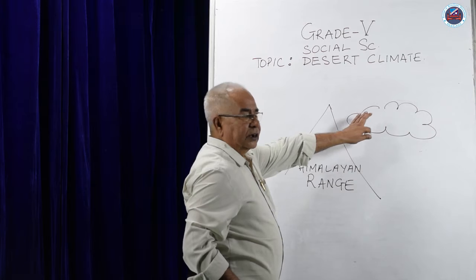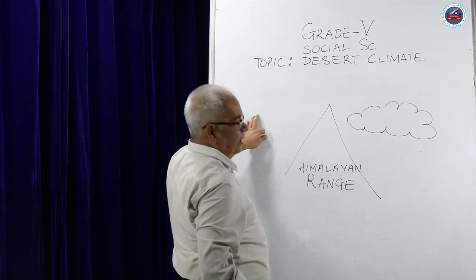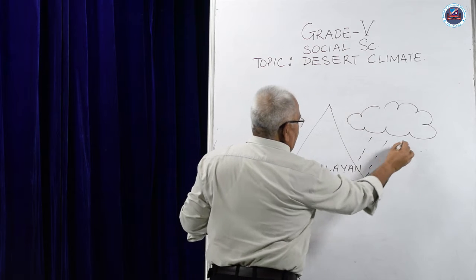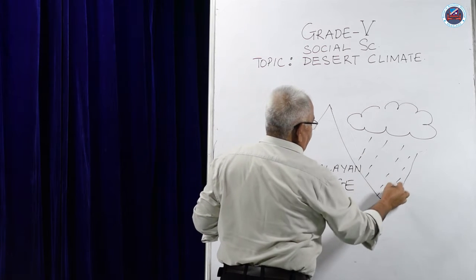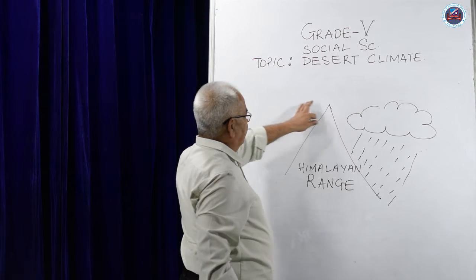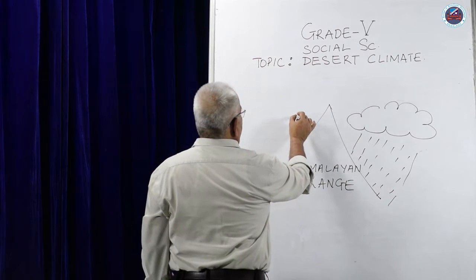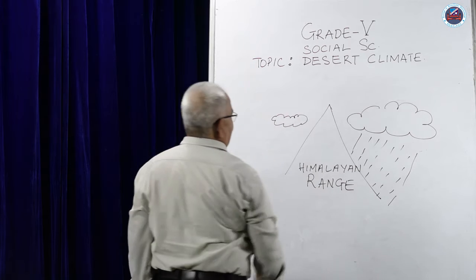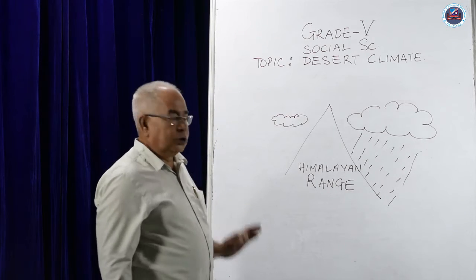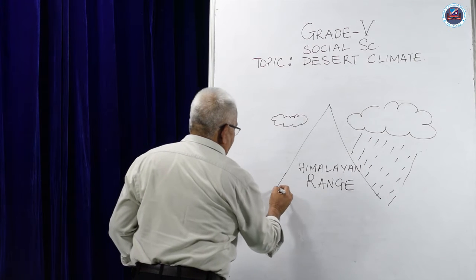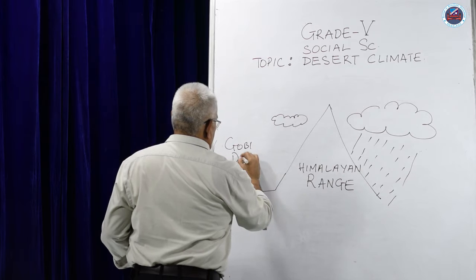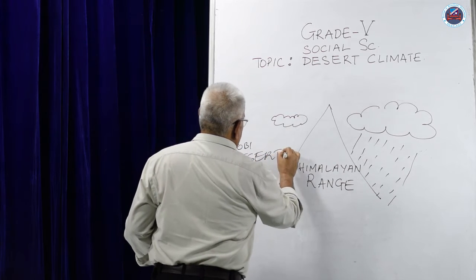Now what happens is, the cloud cannot go on the other side of the mountain, and so it sheds all its rain on this side of the mountain, okay? And by the time it goes to the other side, it becomes a very small cloud which does not give any rain. Now, that is how the Gobi Desert, which is on the other side of the Himalayan range, has been formed.